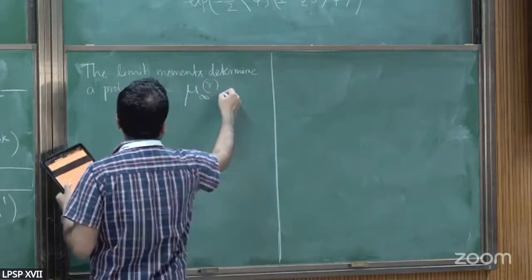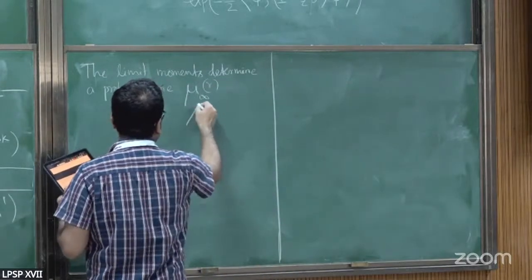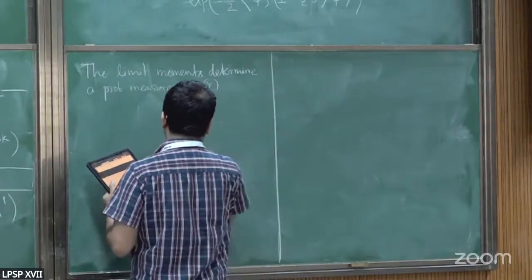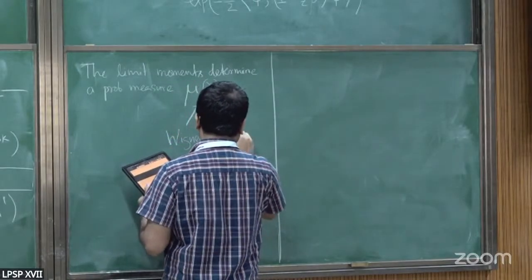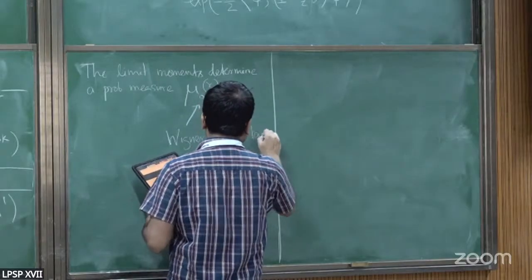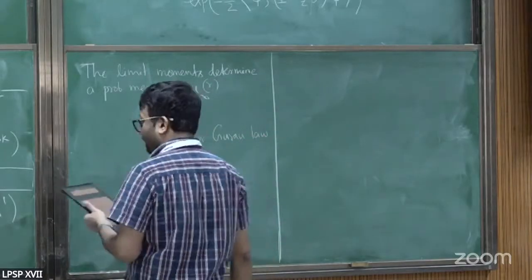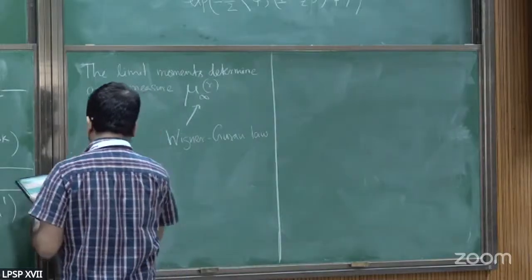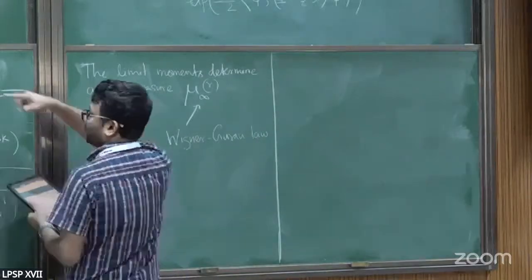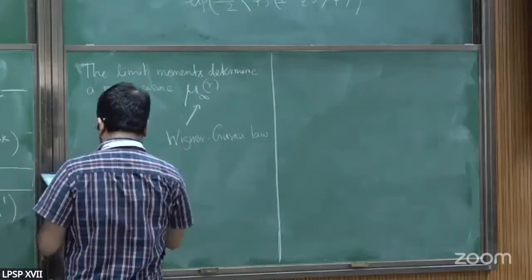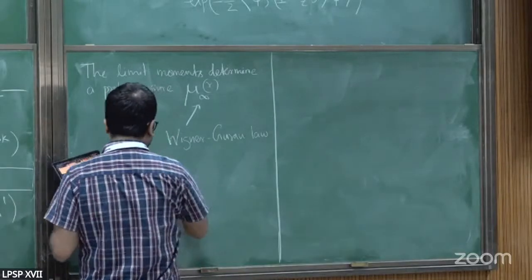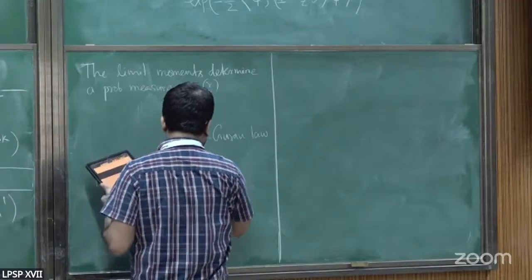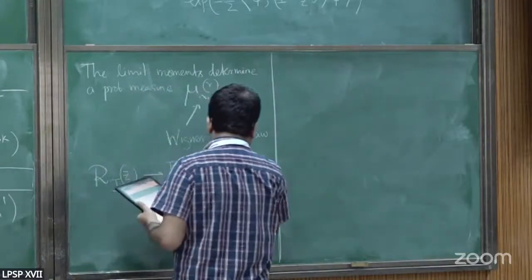Nowadays this is called the Wigner-Gurau law, the generalization of the semicircle law. And the corresponding Stieltjes transform, Gurau's transform, converges to some R infinity of z, which satisfies the following.